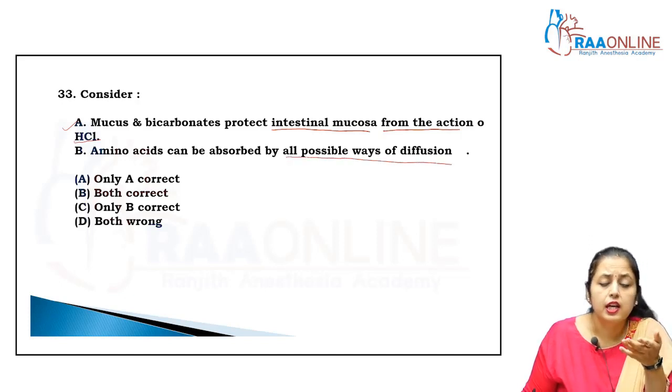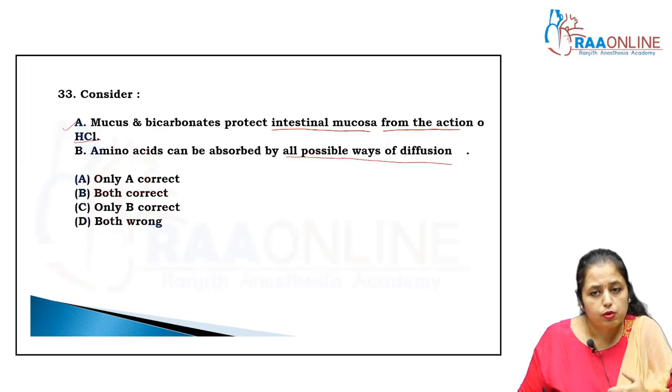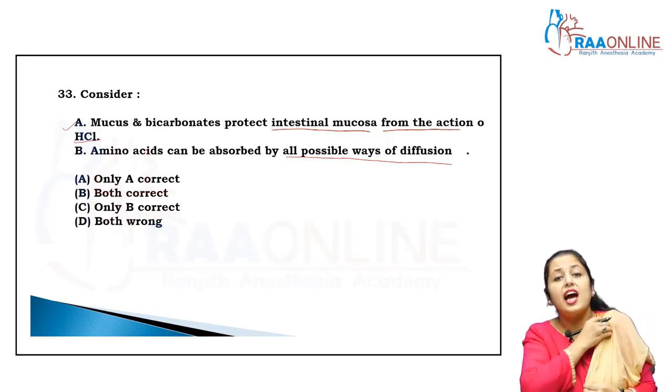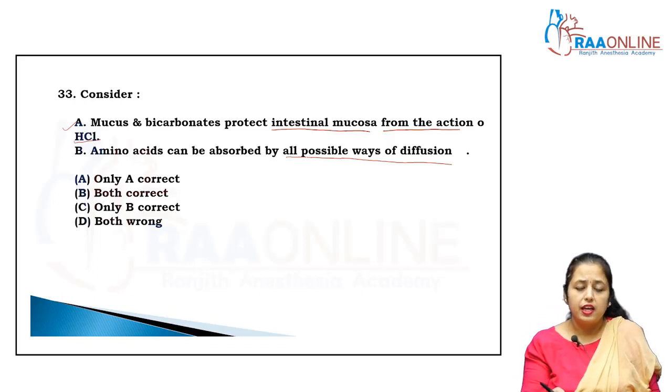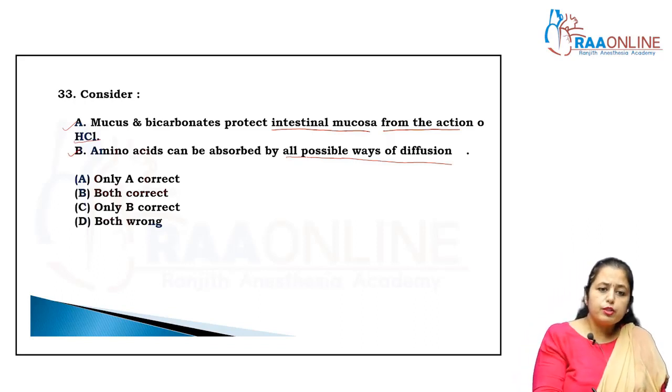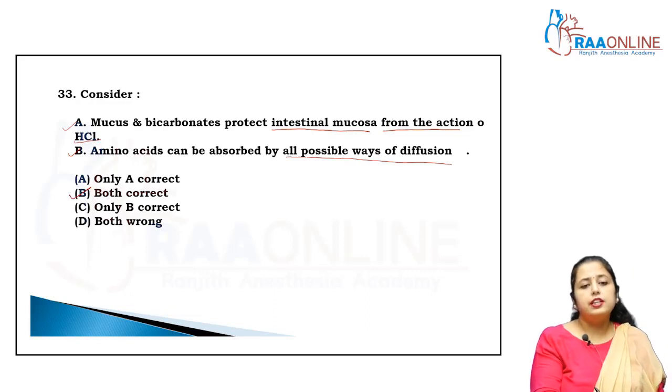Exactly, it is given in the NCERT in the absorption of food, that it is also absorbed by simple diffusion, facilitated diffusion, and also actively and passively, right? So this statement is also correct. So both the statements are correct. So the answer is Bombay. Clear?